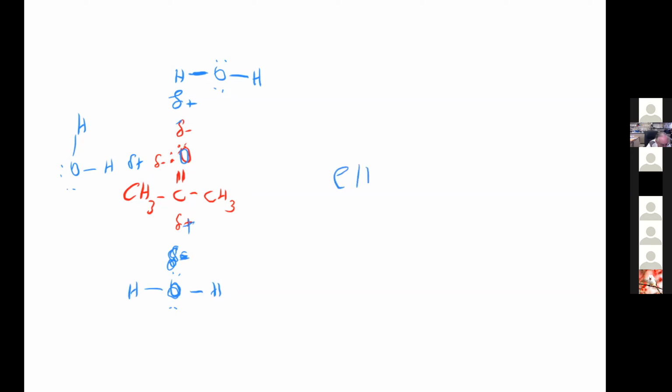And if instead we were looking at, say, an aldehyde, when I go to put the partial charges on here, here would be the partial positive, here's the partial negative, and I could put one over here as well. But there is no charge here. That's a non-polar covalent bond.